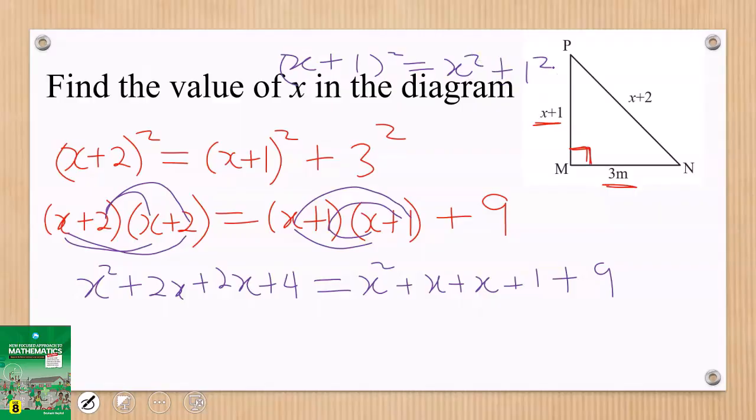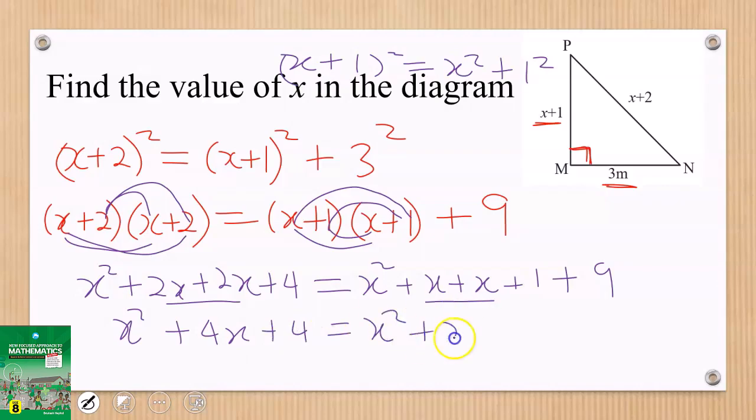No. We have to expand it. Good. Now, when we try to group like terms, I have x squared here. This together will give me plus 4x plus this 4. Here too, I have x squared. This together will give me plus 2x. This together will give me plus 10, right?